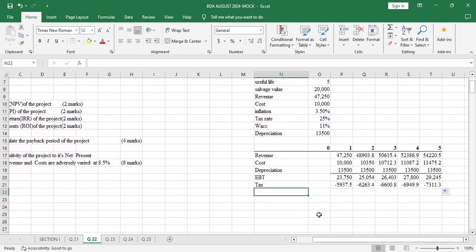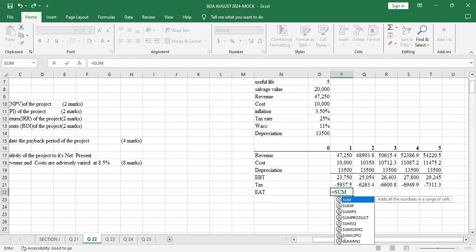Yeah, so next will be earning after tax. So the earning after tax will be the sum of those two, earning before tax and tax.